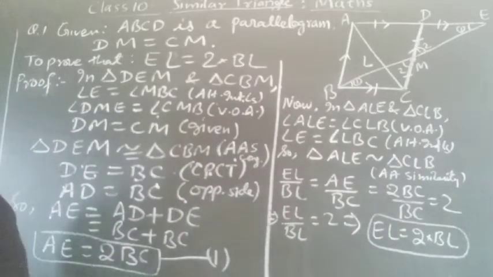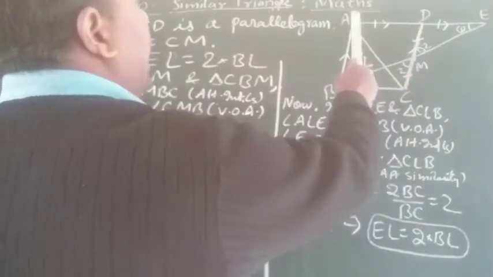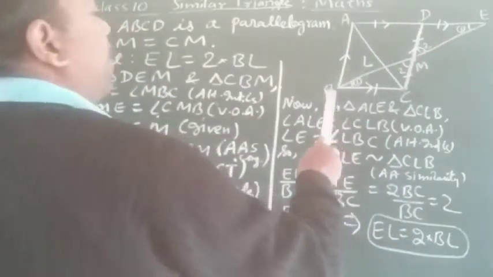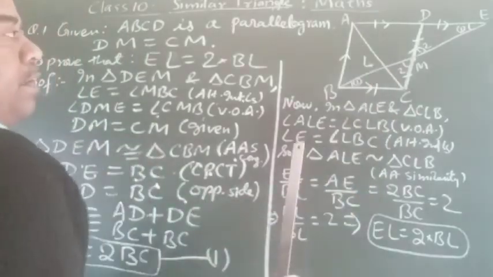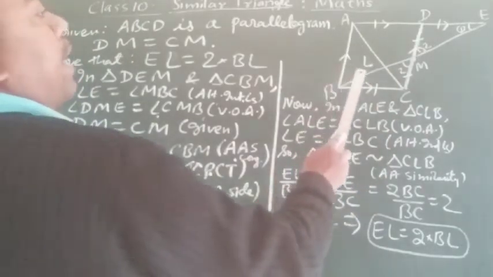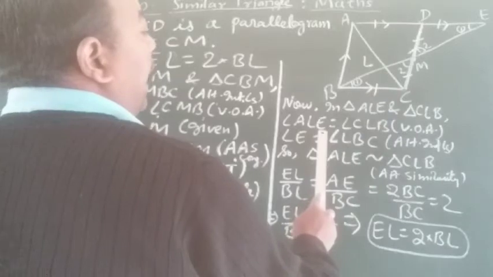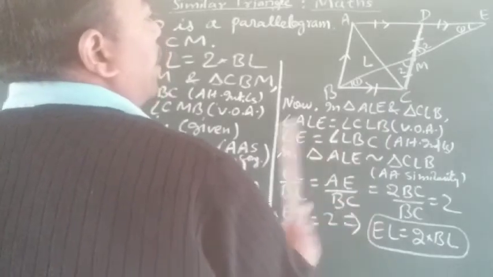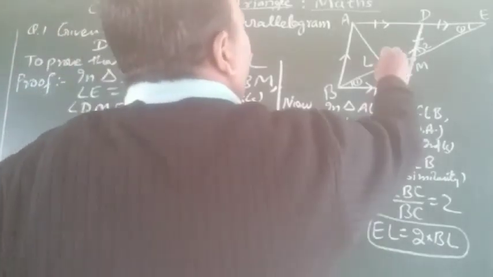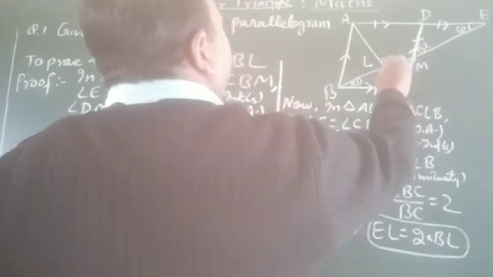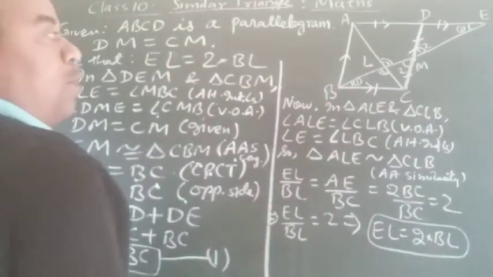Okay. Now go through the triangles ALE and BLC. In triangle ALE and CLB, angle ALE equal to angle CLB. Look at this. This angle and this angle are vertically opposite angles. Both are equal.